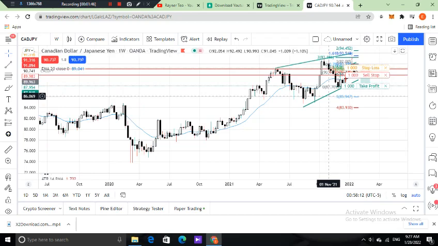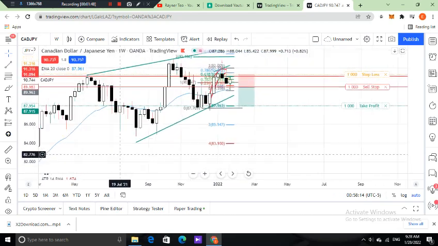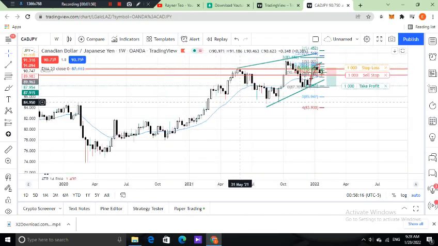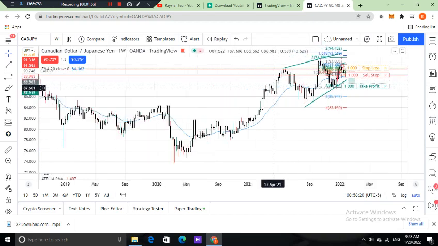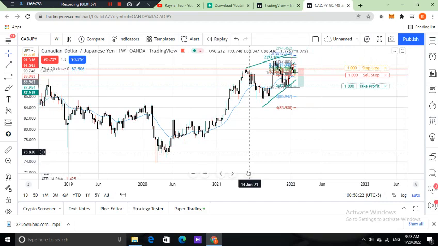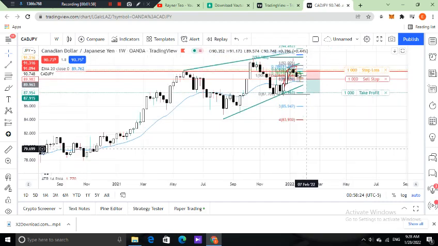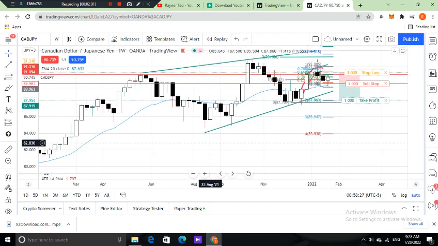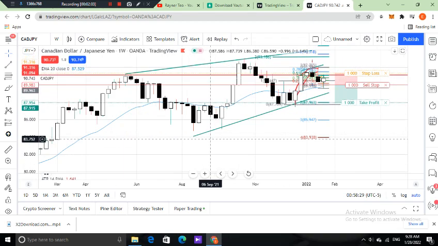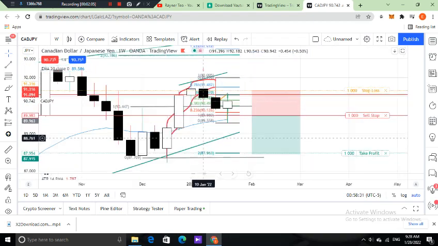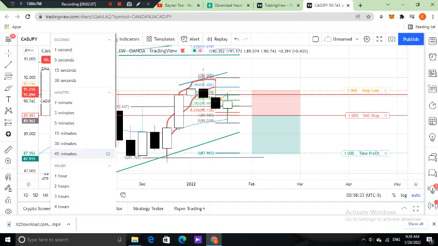It's not completely a wedge, because in order to have a wedge you need at least three pushes up, and I'm not sure if I call this a wedge. It's more like a channel in weekly time frame.